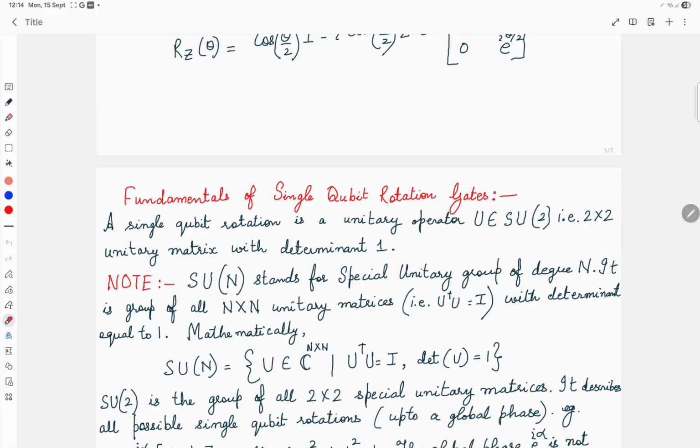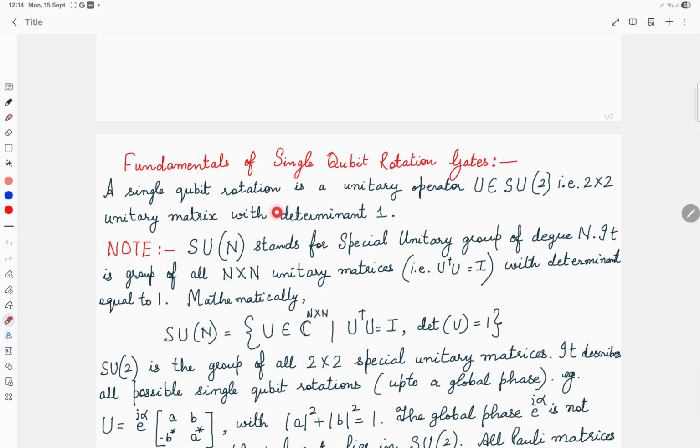Now let us try to understand the fundamentals of single qubit rotation gates that we obtain from the Pauli matrices. This is to be understood in a more concise way and in more depth. So let's study this.